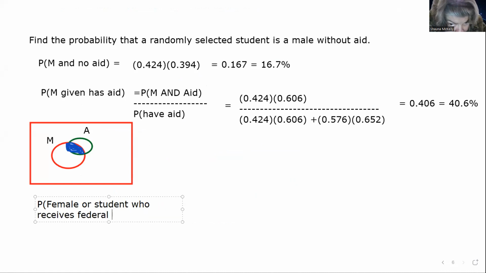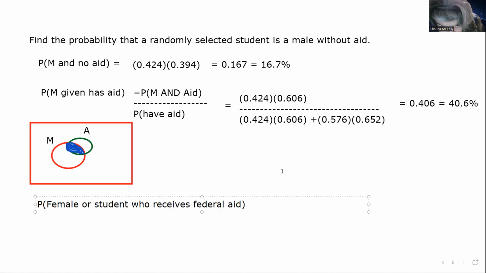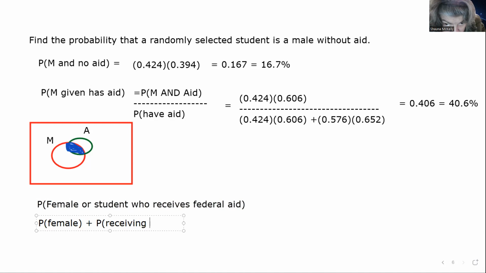federal aid. Now here, this is an example of non-mutually exclusive events. They overlap. So I'm going to write the probability of being female plus the probability of receiving federal aid.